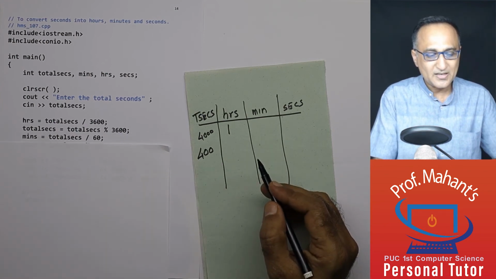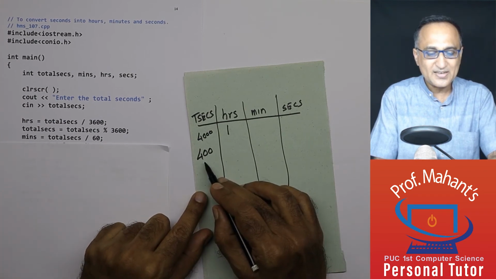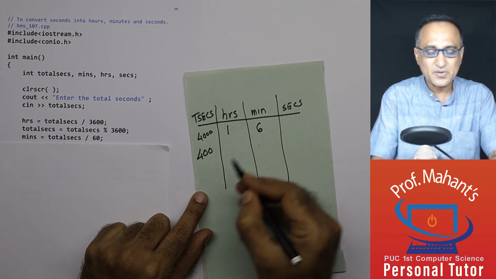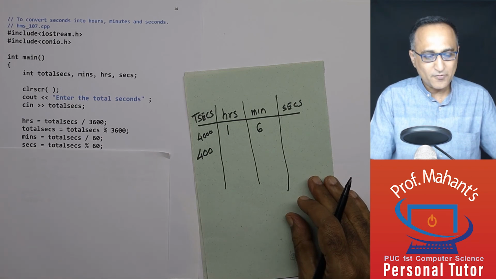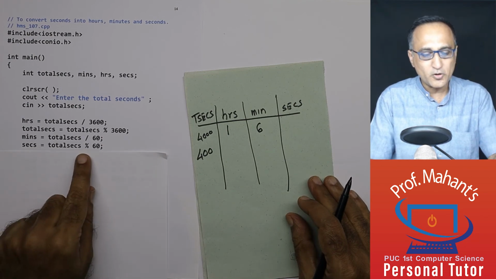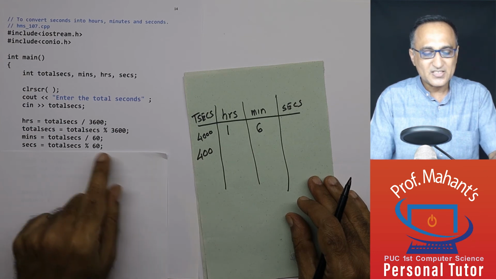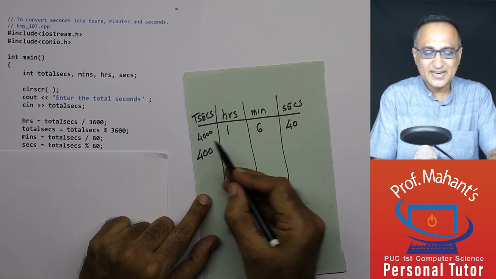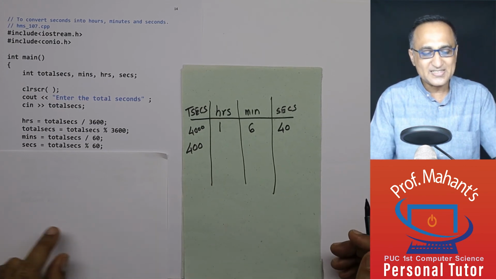If I take total seconds and divide it by 60, it is 6 minutes. I am left with 40 seconds. If I take seconds and do a modulus with 60, 400 mod 60, the remainder is 40. So 4000 seconds is equal to 1 hour, 6 minutes and 40 seconds.